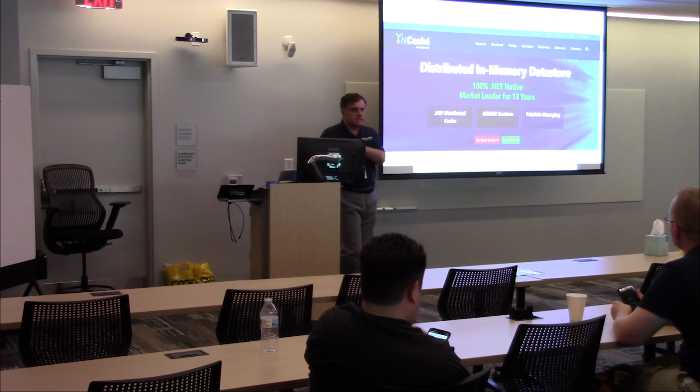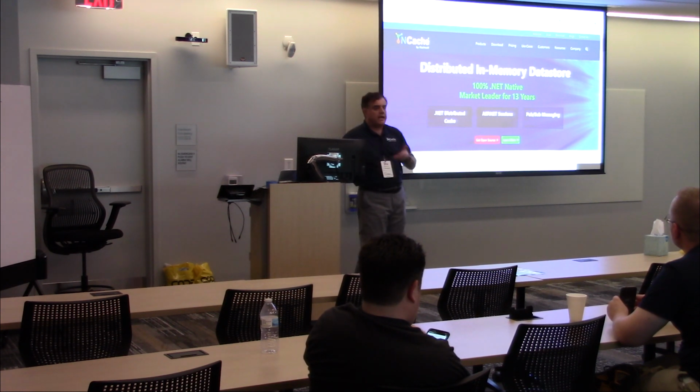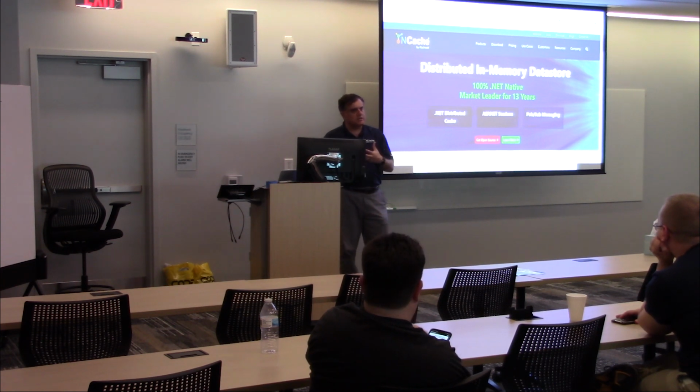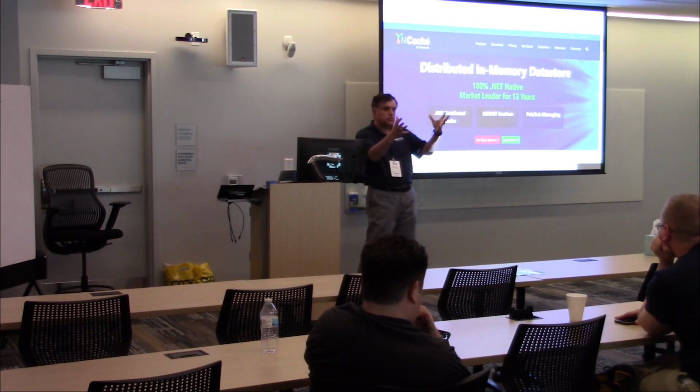There's one more use case that I didn't even touch, which is full text searching. So let's say NCache is about to release a full text searching feature. We've taken Lucene.NET, which is open source, and we've made a distributed Lucene.NET, which is also open source, but which uses NCache.